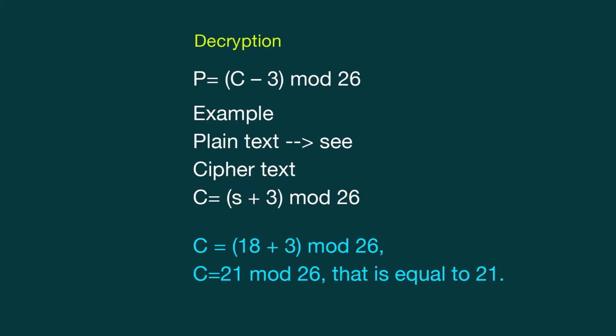Therefore, the first letter S in plain text is substituted as shown below. C equal to 18 plus 3 mod 26, C equal to 21 mod 26, which is equal to 21. So, the letter at position 21 is our ciphertext corresponding to the letter S. Therefore, S is substituted with letter V, so as other letters.